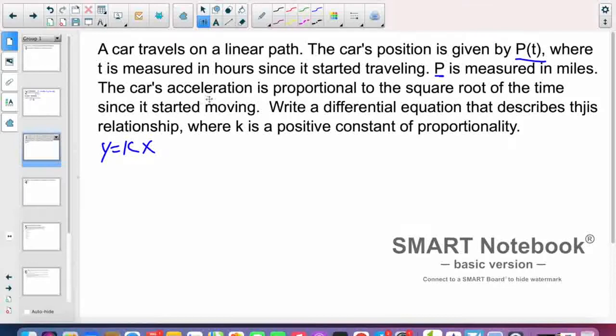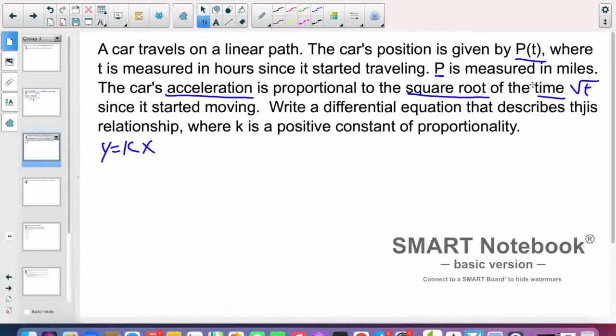The car's acceleration, so acceleration is proportional to the square root of time. Now, think about that, the square root of time. Wouldn't that be the square root of t? So we know somewhere in the problem we're going to need a square root of t. And the car's acceleration, now let's think about what that means.